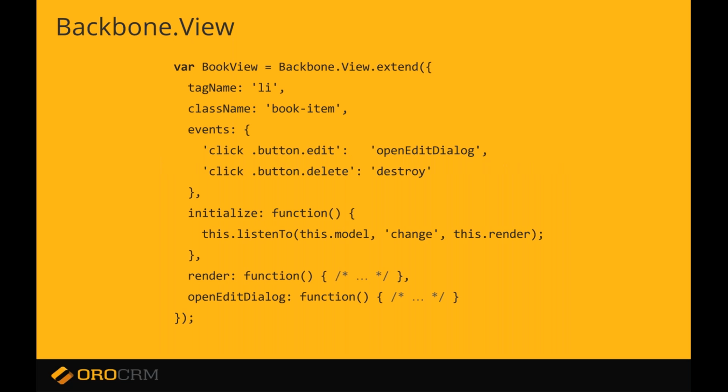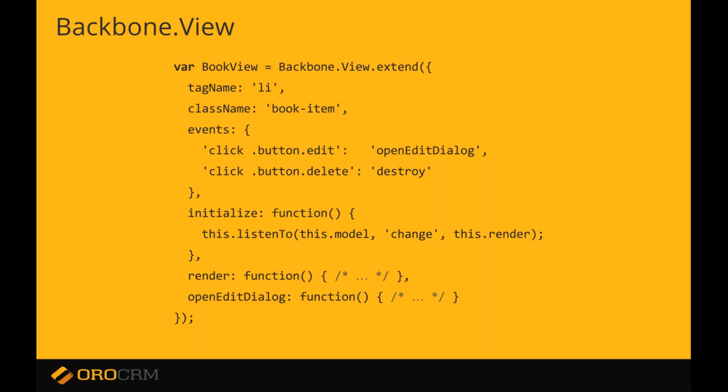So let's look at it a bit deeper. Typical definition of a custom view. We, the same way, extend from Backbone view and create our own view. So first we define specific options for the element.